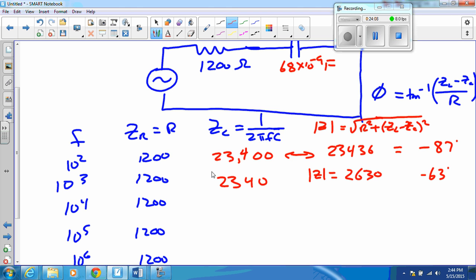Okay, well, let's go one more round here. If I increase my frequency by a factor of 10 again, now I get 234. And now the magnitude of my impedance is going to be pretty close to just 1200. In fact, it's 1223.